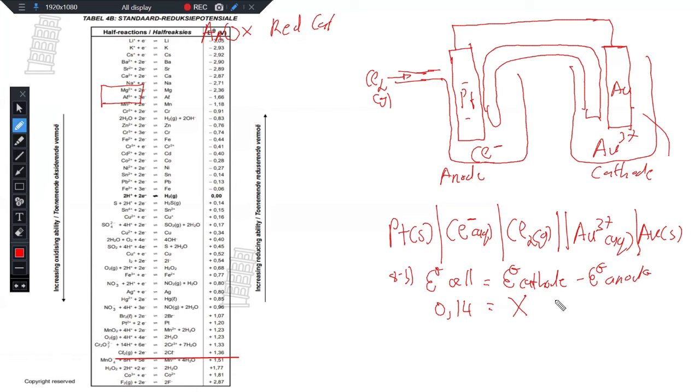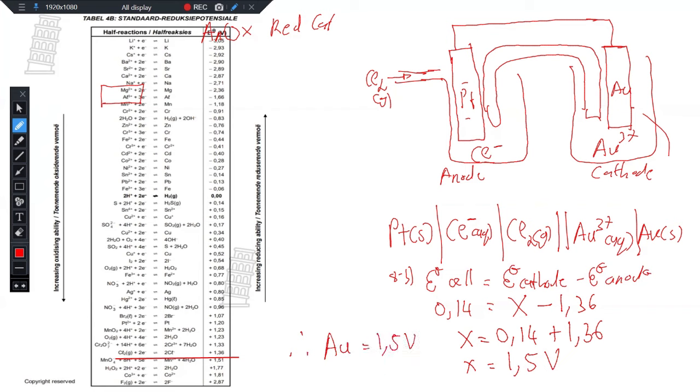So minus 1.36. And then now to calculate X, let's just transpose the negative here. 0.14 plus 1.36. Then if you add the two there, you are supposed to get 1.5 volts, right? So therefore, in other words, the reading for Au is 1.5 volt, right?